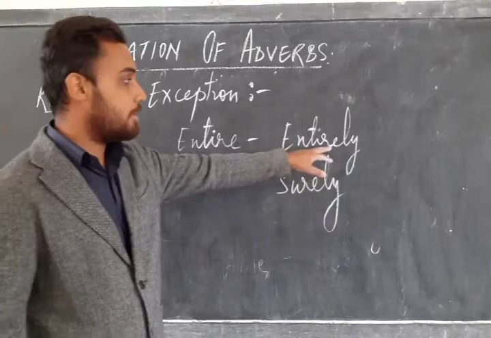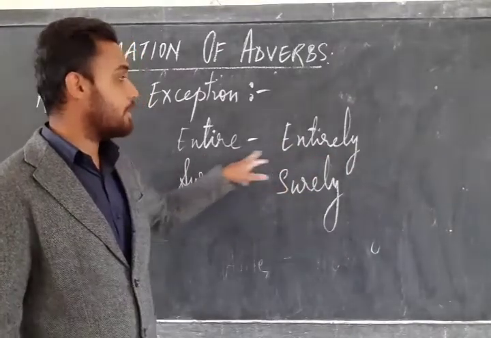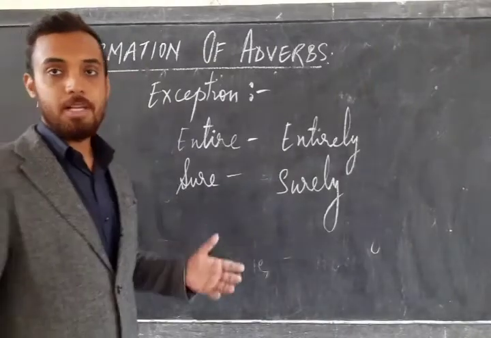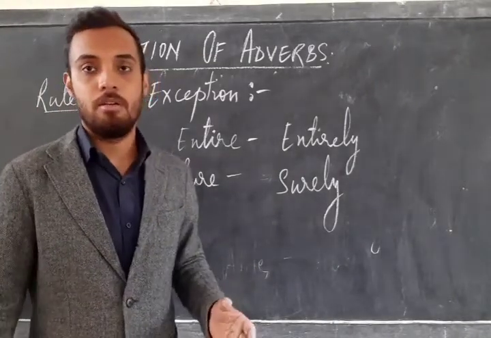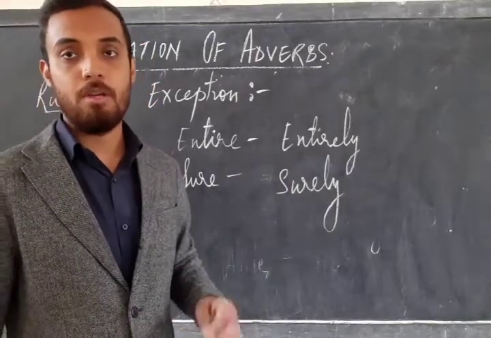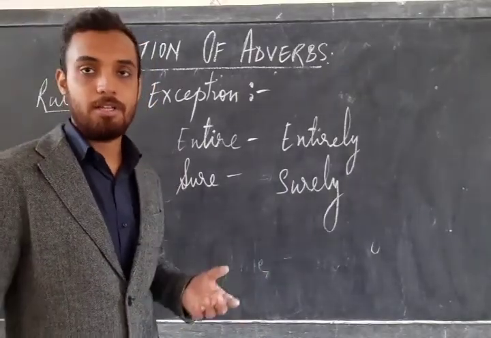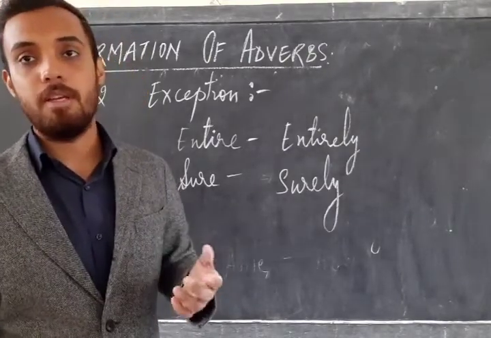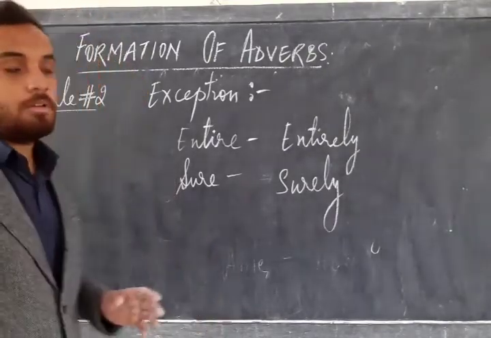Instead we add ly. Entire becomes entirely. Sure becomes surely. Absolute becomes absolutely. So these are the exceptions to rule number 2. Not each and every adjective which ends with e, we can remove e and add y. That is the exception.